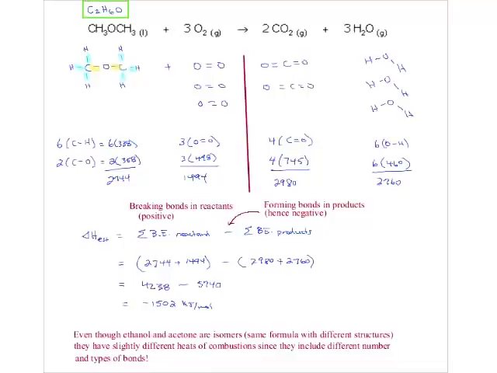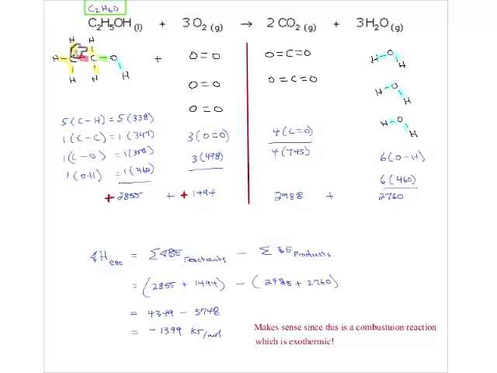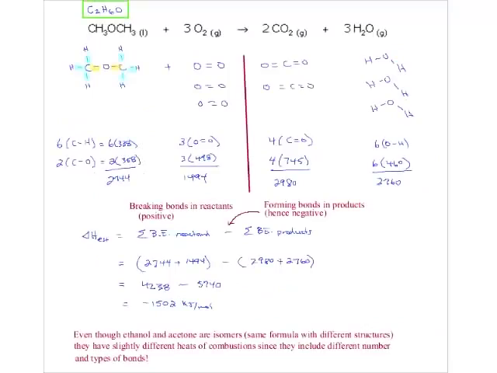This one has 6 CH bonds and 2 CO bonds. If we go back and look at the other one, there are 5 CH bonds, 1 CC bond, a CO bond, and an OH bond. So by putting it together in a different structure, we're dealing with different numbers and types of bonds. And because of that, we end up seeing different values, even though it's the exact same combustion reaction.